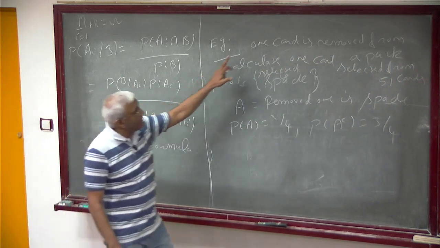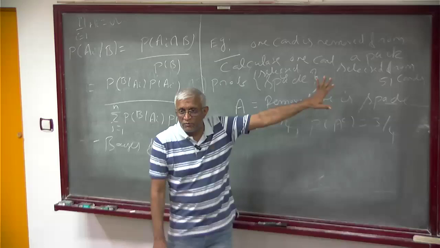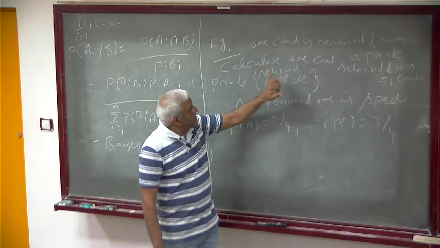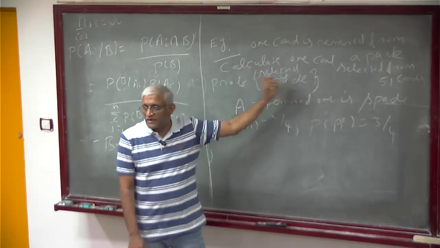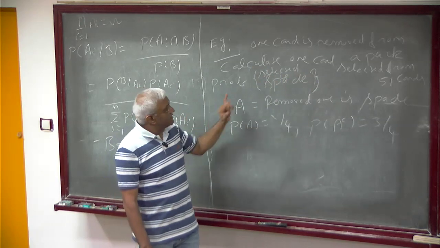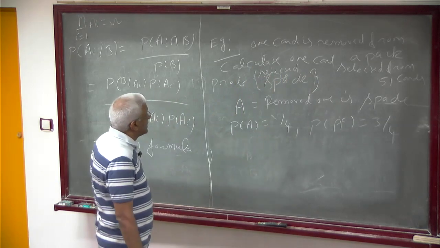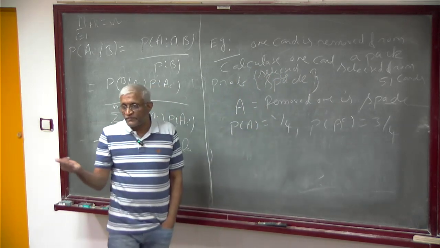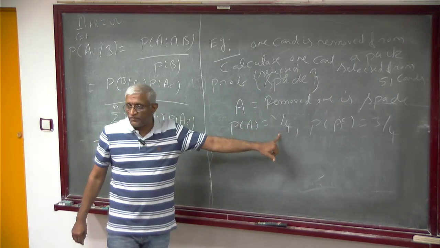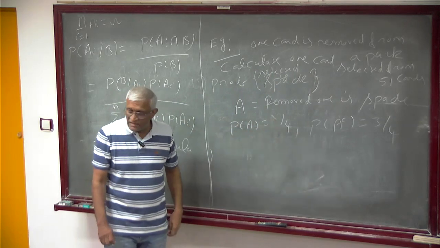We have 52 cards, one card is removed, so 51 cards are there, and from there you select one card. This is not the removed card. You select a card, and that card is a spade. What is the probability of that? We know the removed card is a spade with probability 1/4, and P of A complement is 3/4.